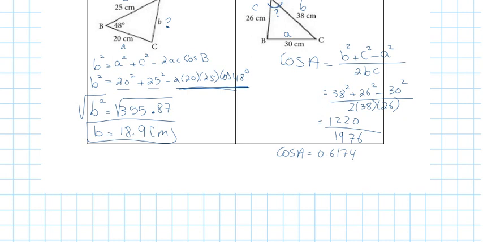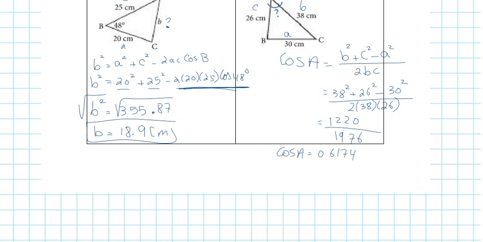So this is what you should get if you put it all together, or if you find the answer at the top and the answer at the bottom and then divide. Try it on the calculator, see which one you know how to do. Is this my final answer? No. I'm looking for angle A, right?